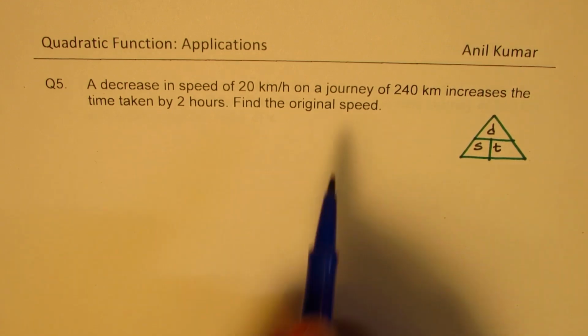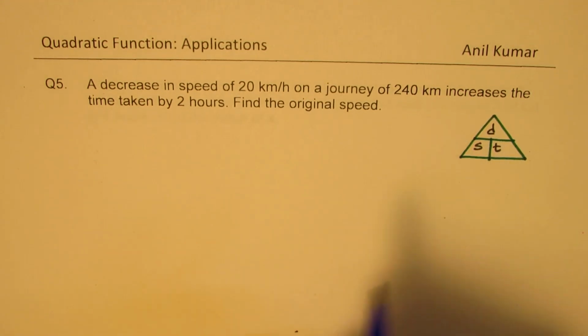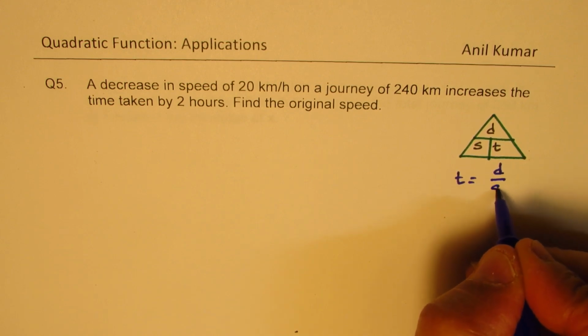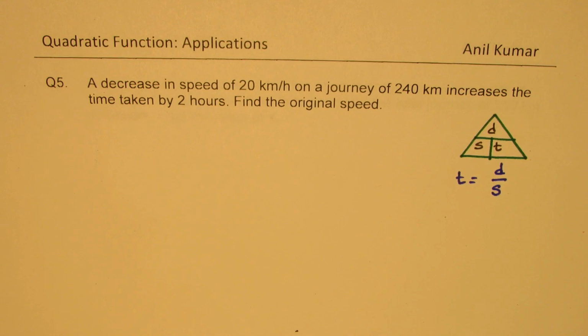In most of our questions, we're talking about time, which is the ratio of distance and speed, right? So time is distance over speed. That triangle is helpful to understand the calculations and the formation of equations which we are going to do in this set of videos.